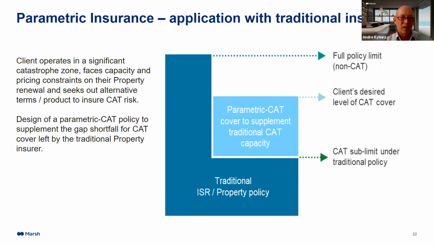And this is just an example where, through contraction of cat limits in a traditional property program, we can substitute the loss of that capacity or fill in the gaps with a parametric policy. And I think we're seeing a lot of clients that are actually looking into that at the moment.